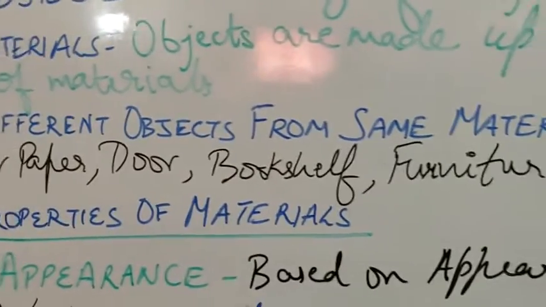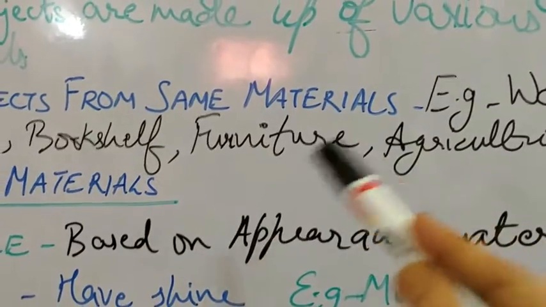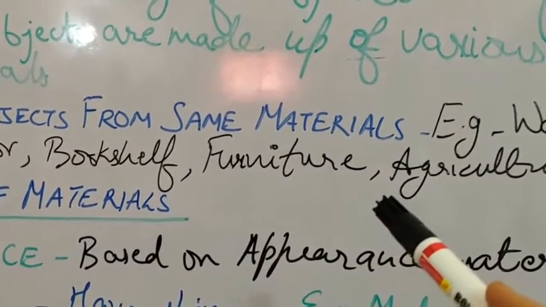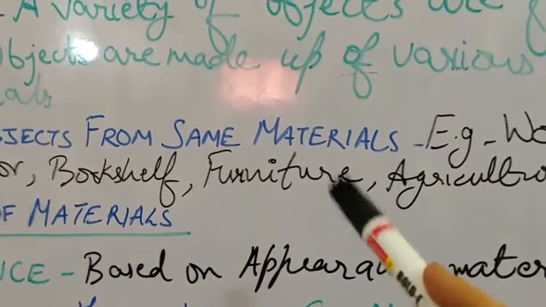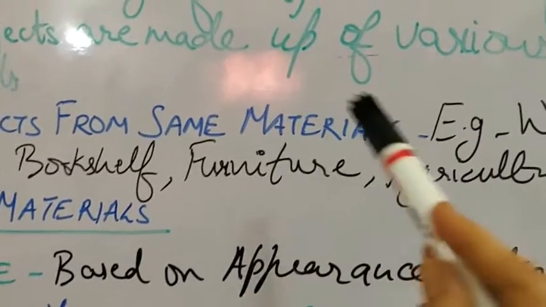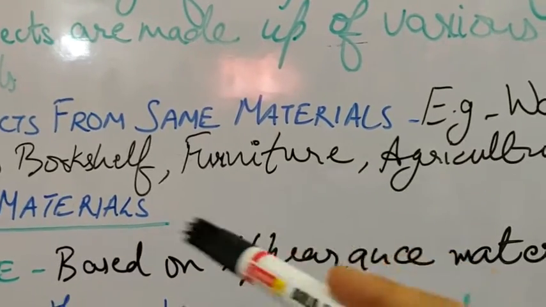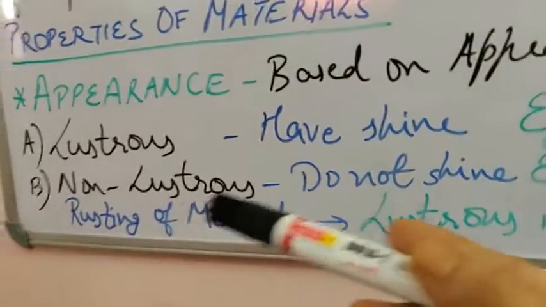Suppose we have to make a furniture, and furniture naturally has to look shiny or attractive to everybody. So furniture should be made from a metal. If we want to make it shiny or lustrous, we have to make the furniture from metal. But if we want to make it appear dull, we can make it from wood also.